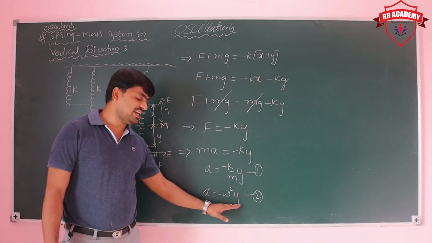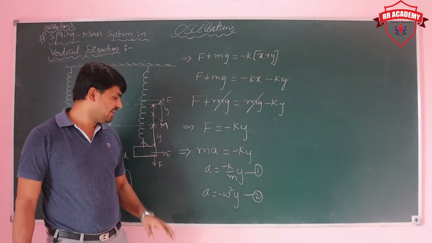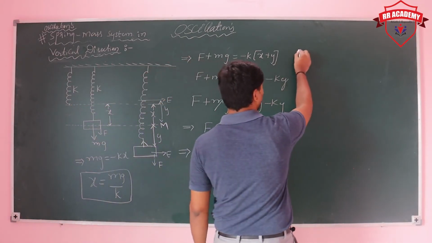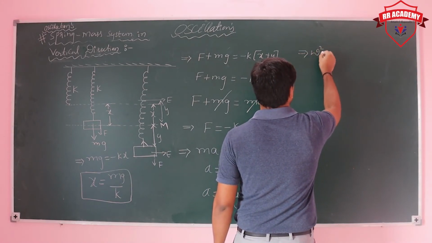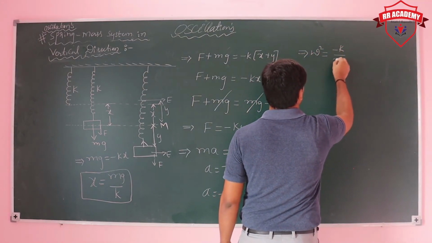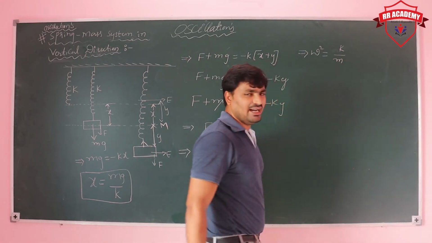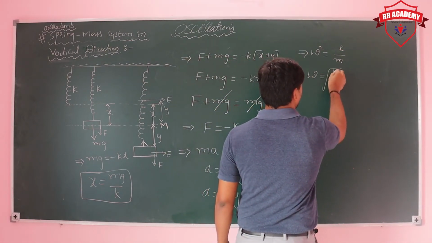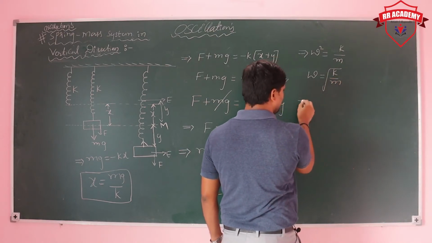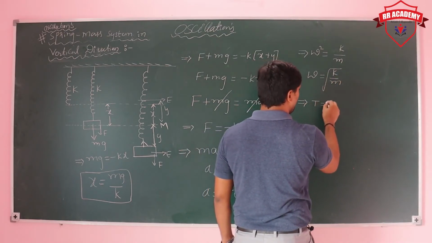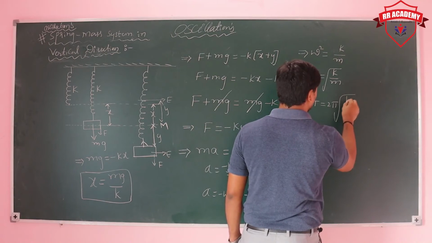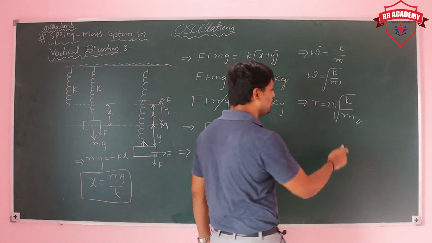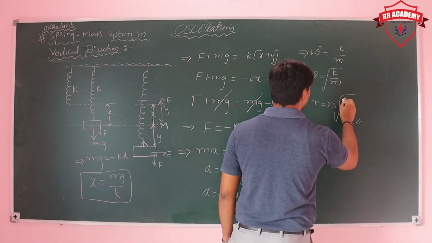Now compare both expressions. We get omega square is equal to k by m. Then omega is equal to under root k by m, and the time period T is equal to 2 pi into under root m by k.